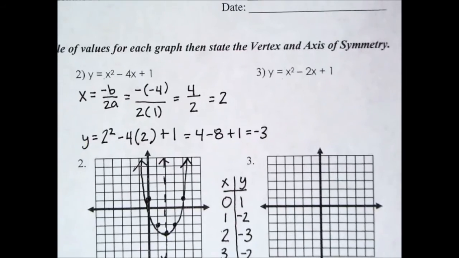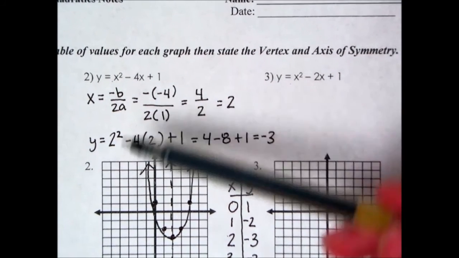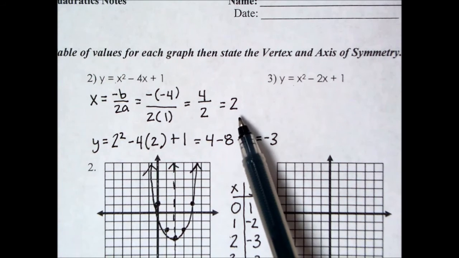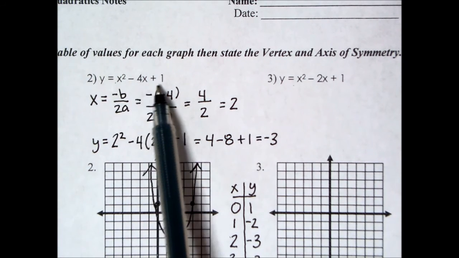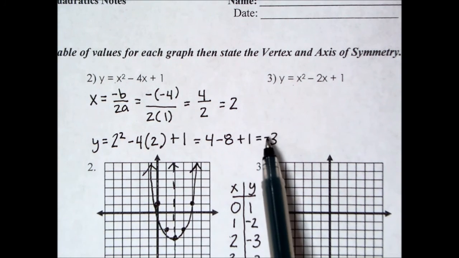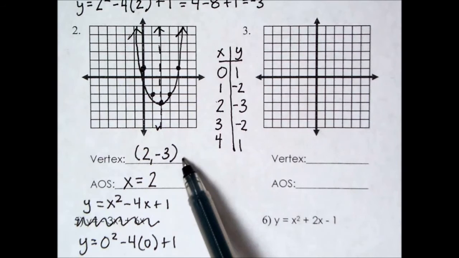So step number 1, again, start with x equals negative b over 2a and find your x. Then use the x value, plug it into the original to find your y. That information provides you information about your vertex. So step number 1, you find your vertex.